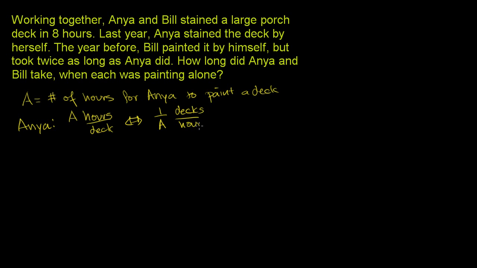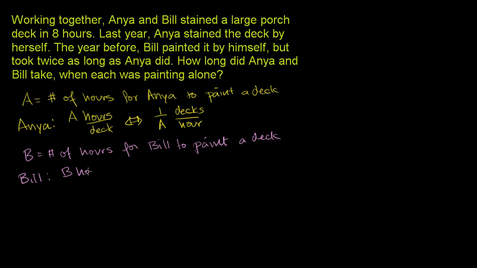Now, let's do another variable for Bill. Let's define B as the number of hours for Bill to paint a deck. And so for Bill, it takes him B hours per one deck.